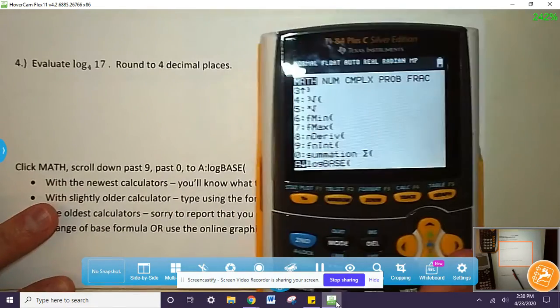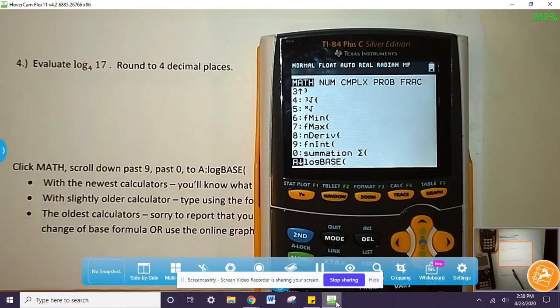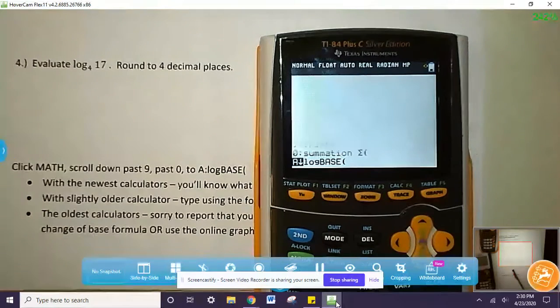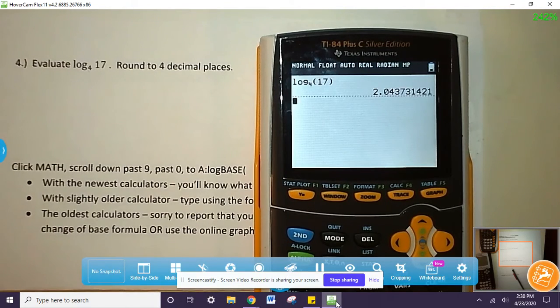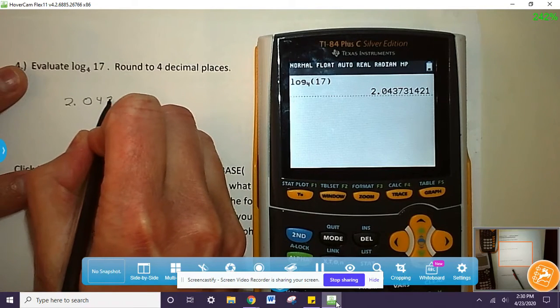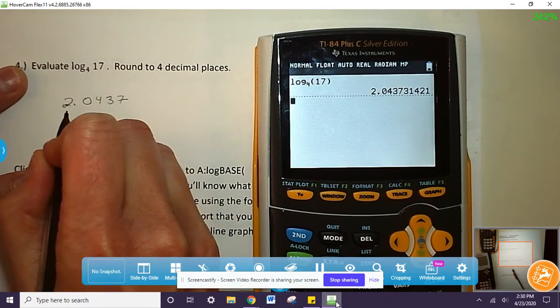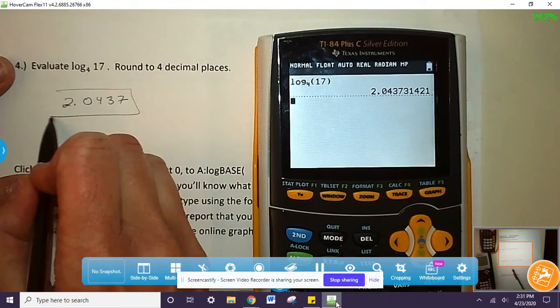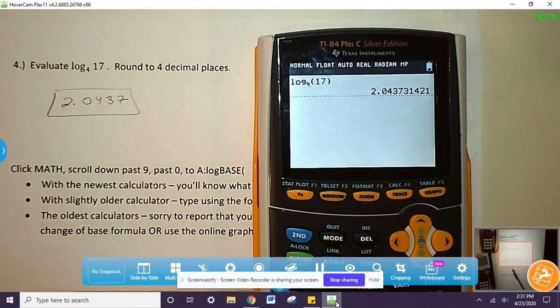We'll get to your calculators in a minute. But we have that log base there. So if we hit enter, we can plug in exactly what we want. So we can plug in a base of 4 and 17 for the input for the log. And there's the 2 point, just a little bigger than 2 that we were expecting. So 2.0437 if we round to 4 decimal places. So if you're lucky enough that your calculator has that feature, you can just pop that right in.